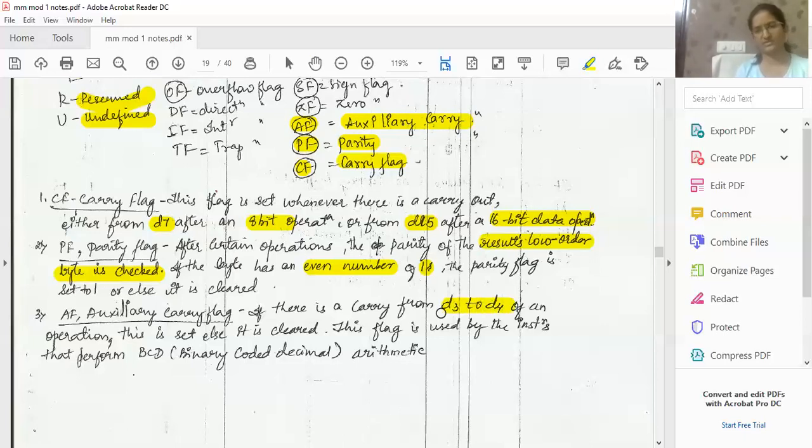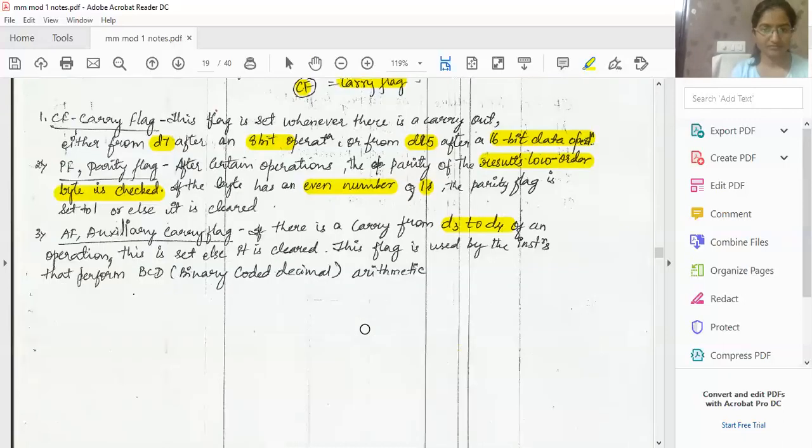We will see one or two examples here also, and it will be much clearer if you have forgotten about the auxiliary flag, which we studied in 8085. So this is set whenever there is a carry from D3 to D4 bit. Otherwise, it is cleared. Okay. This flag is used by the instructions that perform BCD, binary coded decimal arithmetic, right? So this we are aware of.